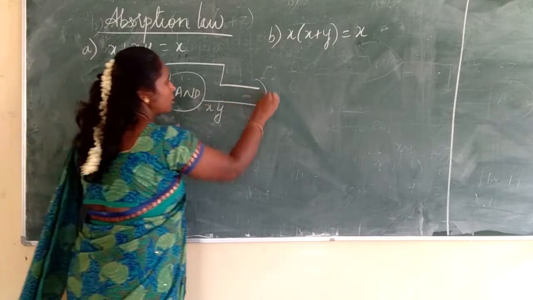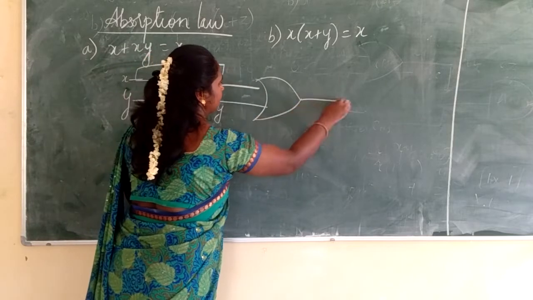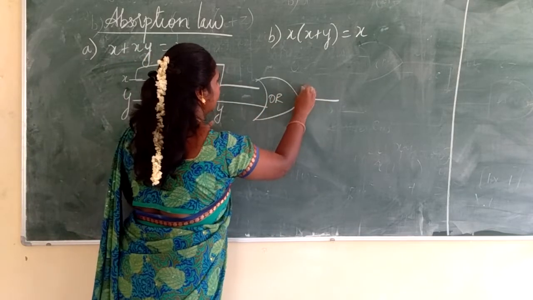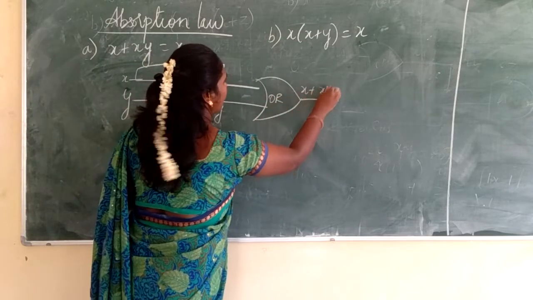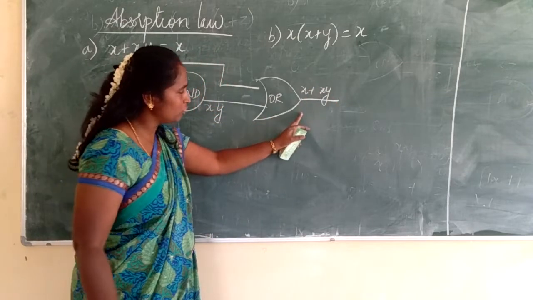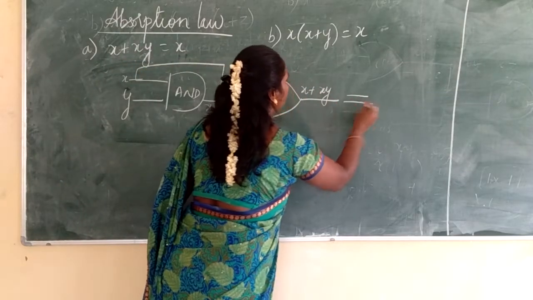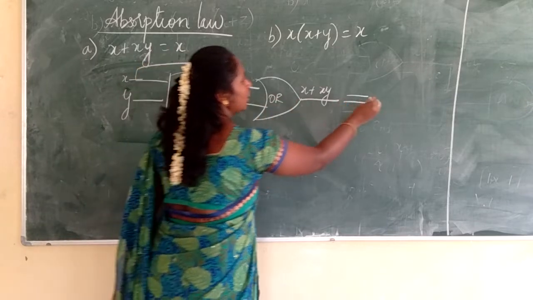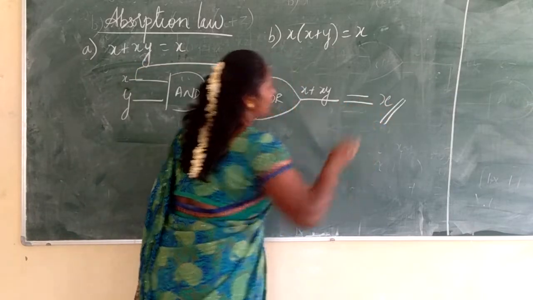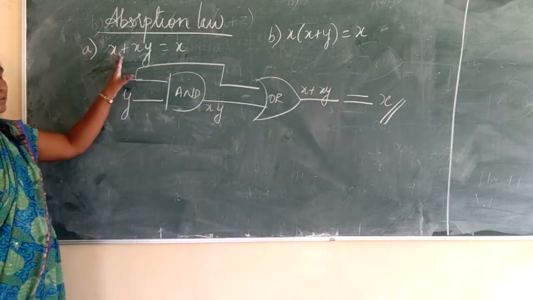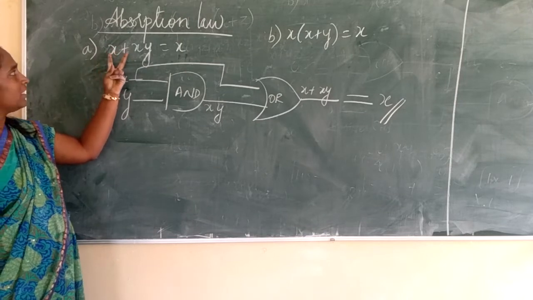That should be ORed with x using an OR gate, that is x plus xy. This particular circuit should be equal to your x value. What it tells us: see, I am using two inputs, x and y.